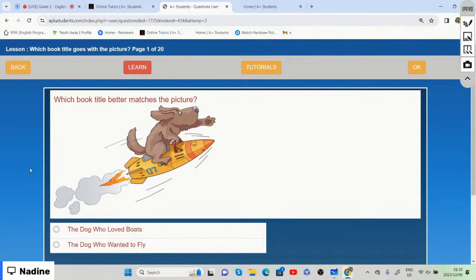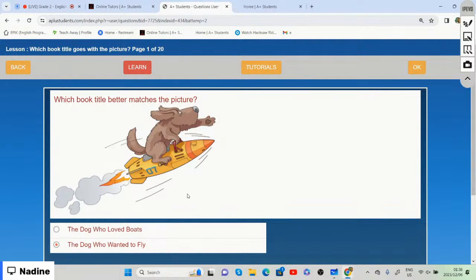All right, so if we choose which book title better matches the picture, we'll go with the second one. Because the first one says The Dog Who Loved Boats, and we don't see any boats, we don't see the sea, we don't see the ocean, right? But the next one says The Dog Who Wanted to Fly.